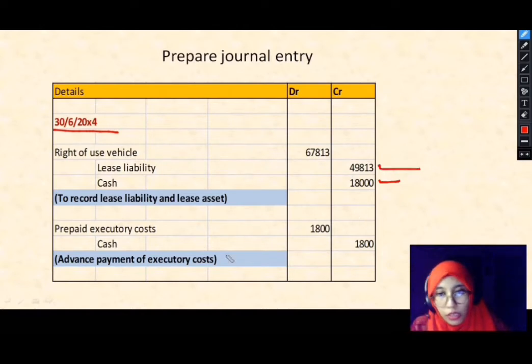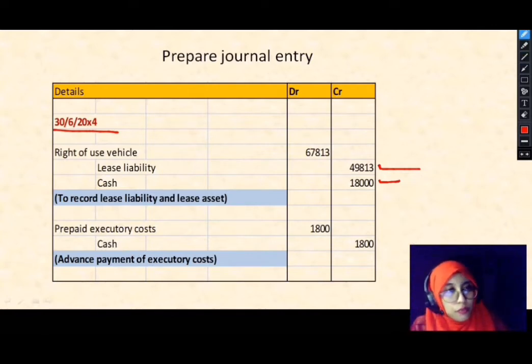Okay, and after that we need to treat the executory cost like this, because it's not included with the leases, it's not related with the leases. So debit prepaid executory cost 1,800 and credit cash 1,800.